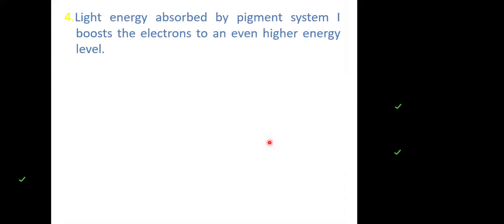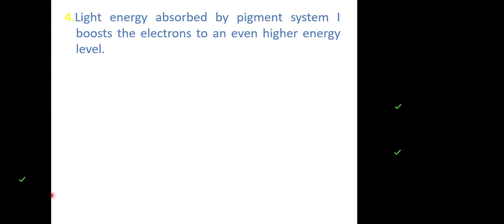So what happens is that the energy absorbed by the pigment system 1 or photosystem 1 is again given a boost to an even higher energy level, okay? We have a boost to an even higher energy level.